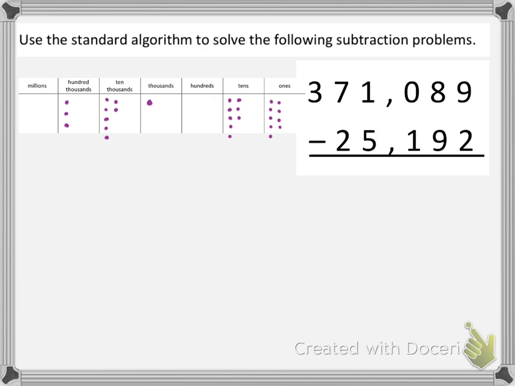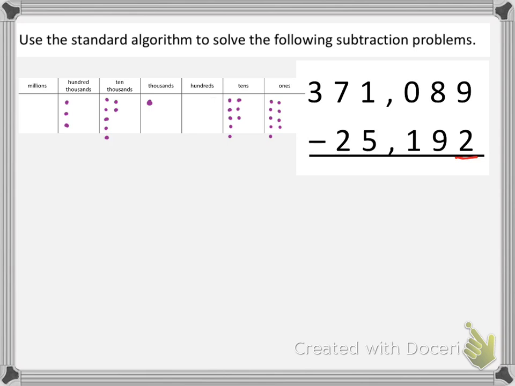All right, so if we go into the ones, we can subtract 9 minus 2. We can do that. So we don't need to regroup. There's no problem there. But if we go into the tens, it's 8 minus 9. So that means we have 8 tens and we need to take away 9. Well, we can't do that. So we need to go to the hundreds.